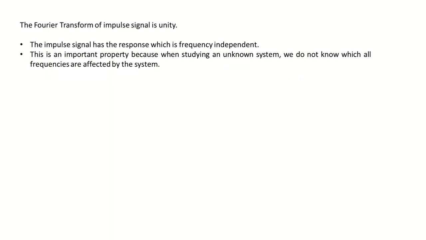Second reason, and the important reason why we calculate the impulse response of the system, is because the Fourier transform of the impulse signal is unity. So suppose we have x of n signal which is equal to del n, and del n is basically your impulse function.